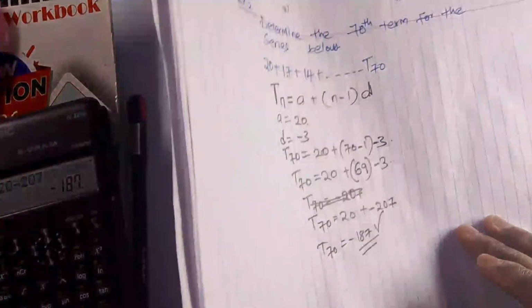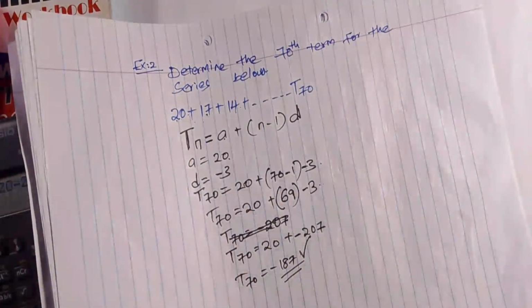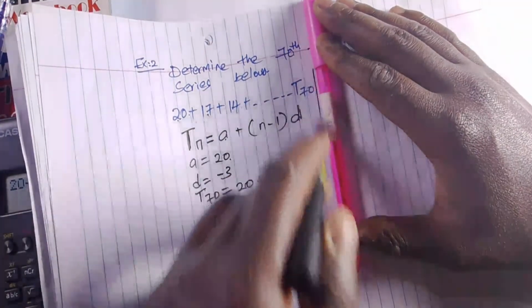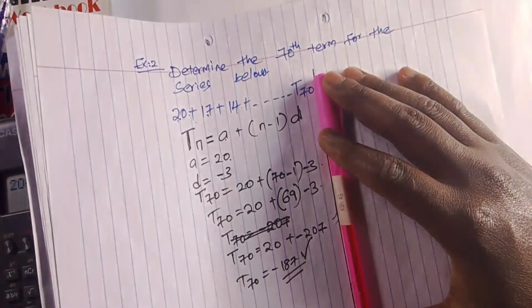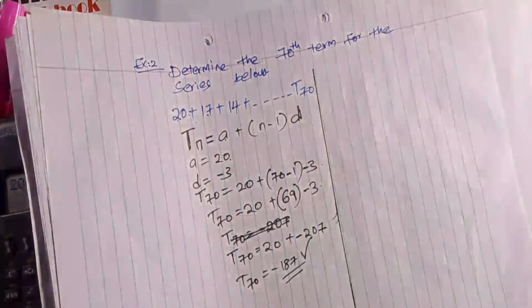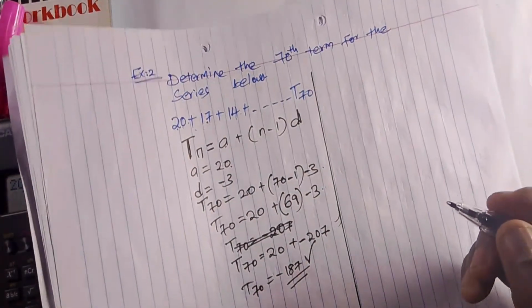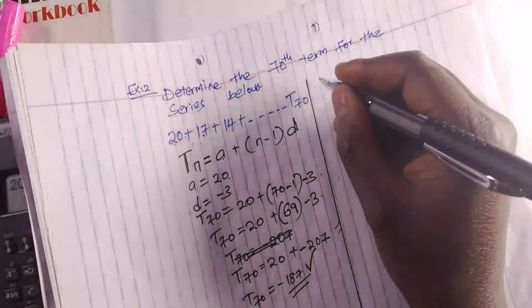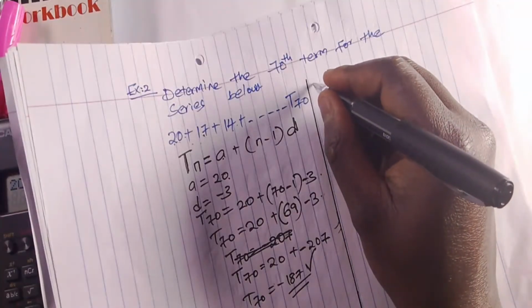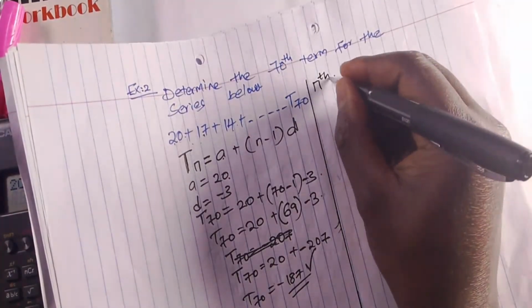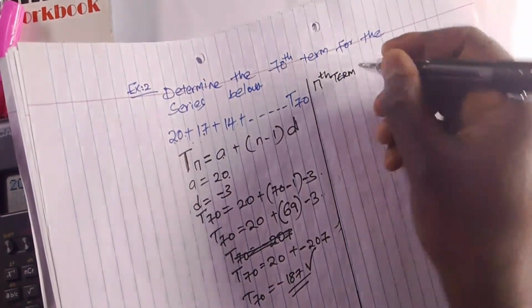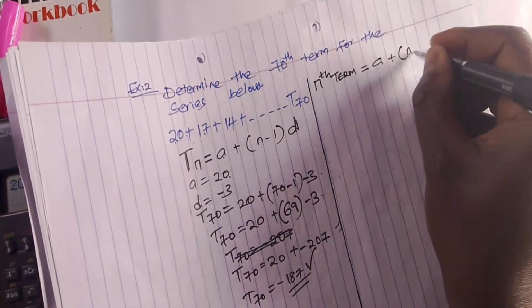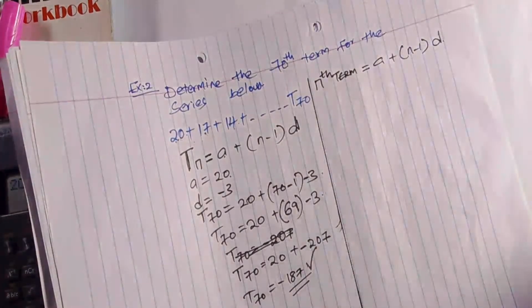So by doing that, we can confirm, using the arithmetic sequence, that for us to find the nth term, it is a plus (n minus 1)d.